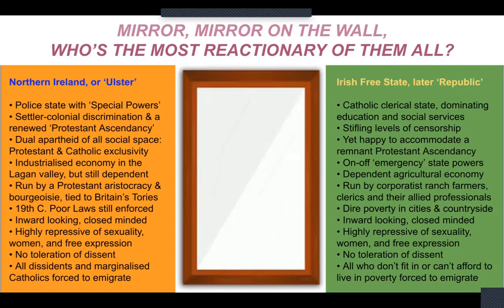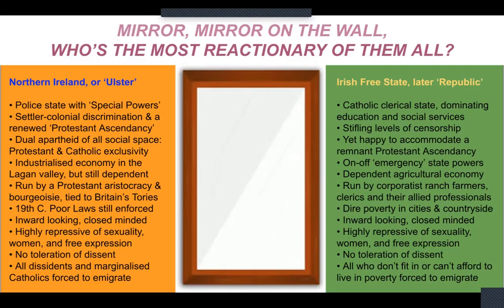You also have in Northern Ireland, or Ulster, a settler-colonial discrimination going on and a renewed Protestant ascendancy. The Protestant ascendancy, of course, had applied across Ireland from the outset of the British occupation, but it was no longer applied within the Free State, or Republic.